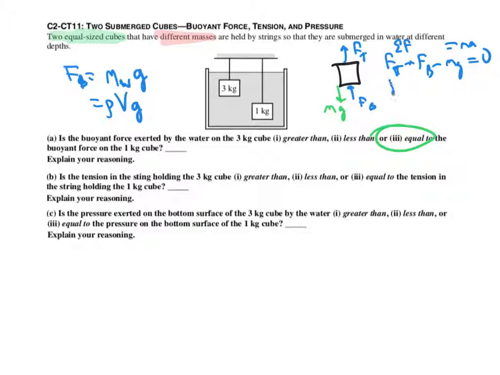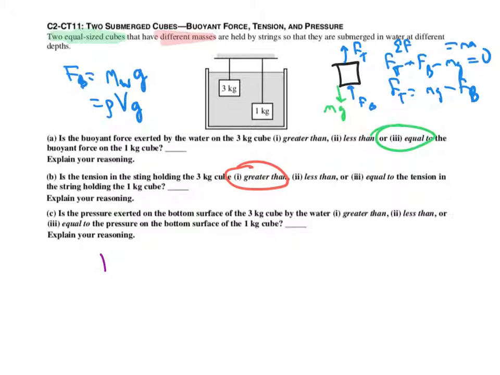So then the tension is the weight minus the buoyant force. And so since they both have the same buoyant force, the tension is going to go with the weight. Since the 3 kilogram block is being pulled down harder and is being supported the same, the string has to put in more effort. So the string has a greater tension for the heavier mass.